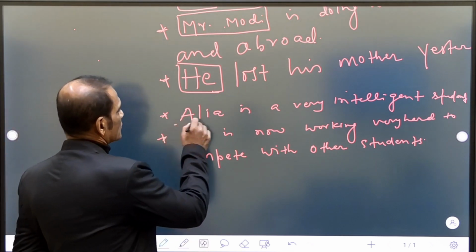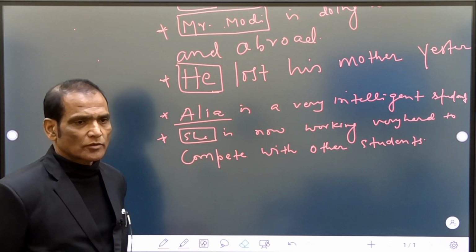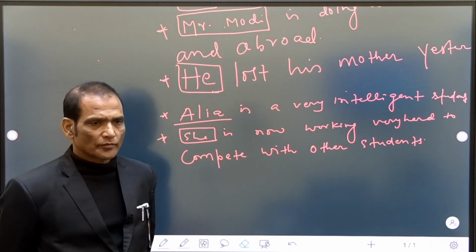So Alia is a noun here and she is a pronoun here. Dear students, I think the concept of pronoun should be clear, should be understood till now.